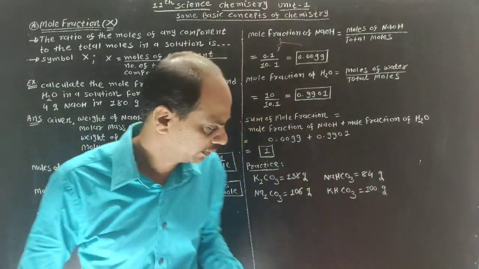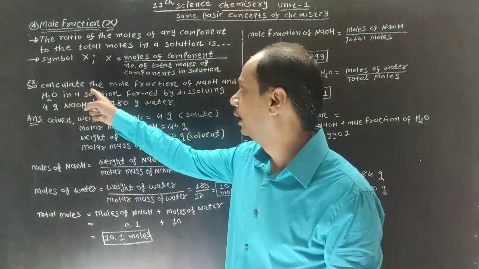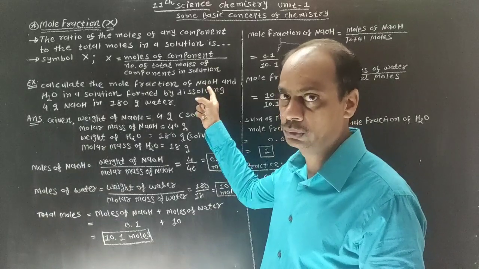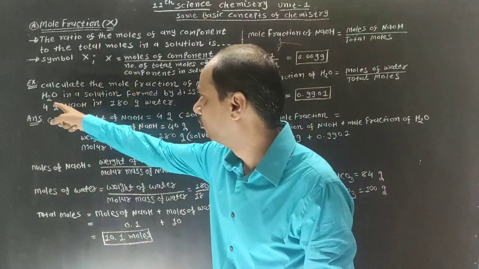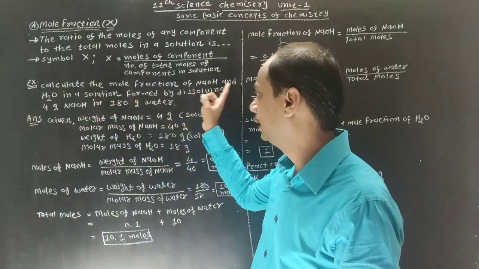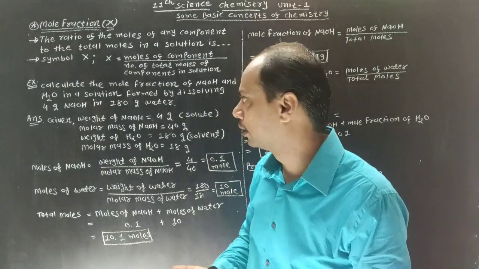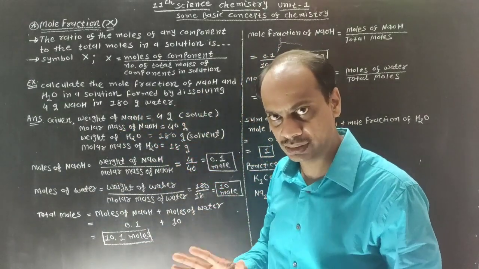I am going to make a question first for potassium carbonate. Calculate the mole fraction of K2CO3 and water in a solution formed by dissolving 4 gram of potassium carbonate in 180 gram of water.